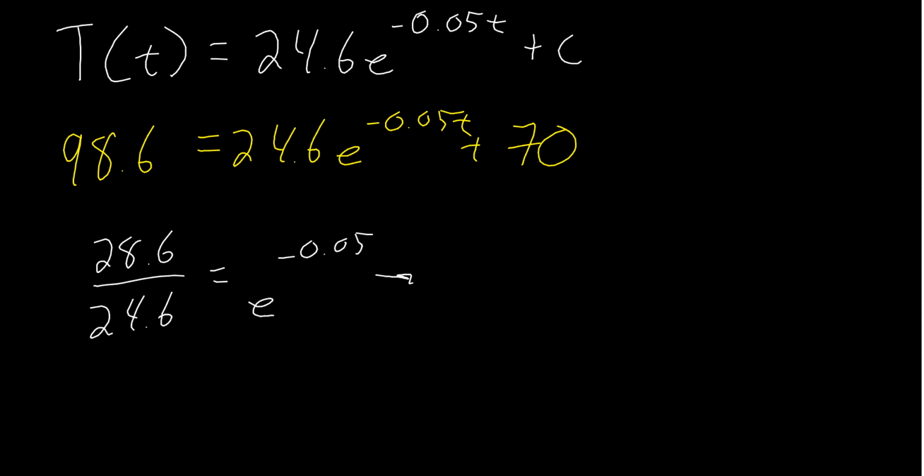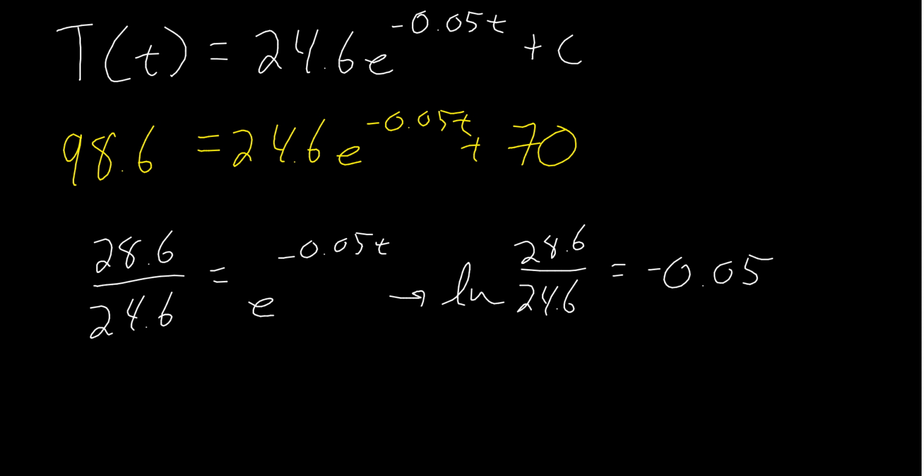We take the natural log of both sides. And that's equal to, forgot to put the t there, negative 0.05 t. And we divide both sides by negative 0.05, and we'll get our t.